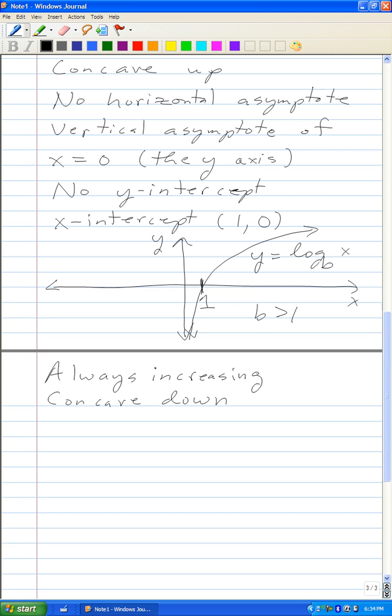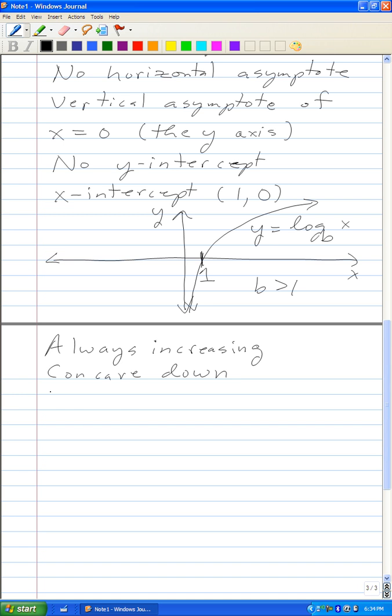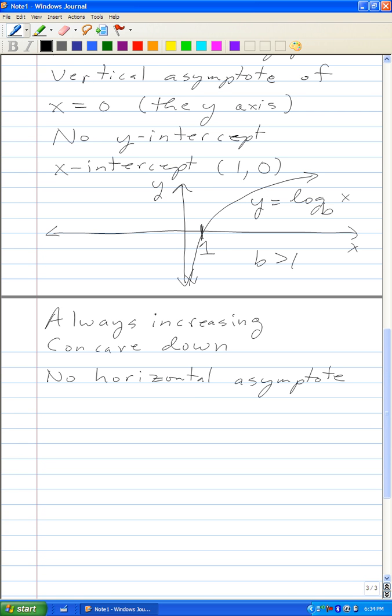And it has no horizontal asymptote. Of course, these are all smooth. There are no corners or breaks or anything. And it has a vertical asymptote of x equaling 0.